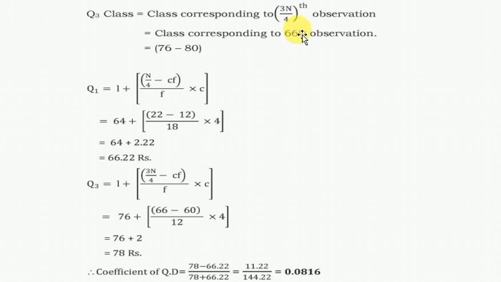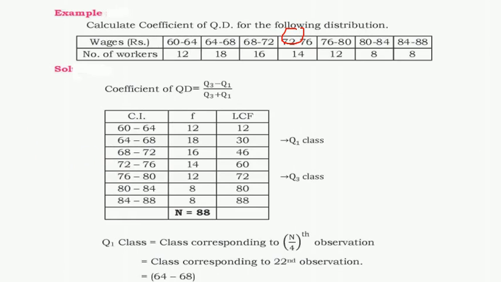So we're going to have the 66th observation. 88 into 3 divided by 4, we're going to have the 66th observation. So this 66th observation once again.